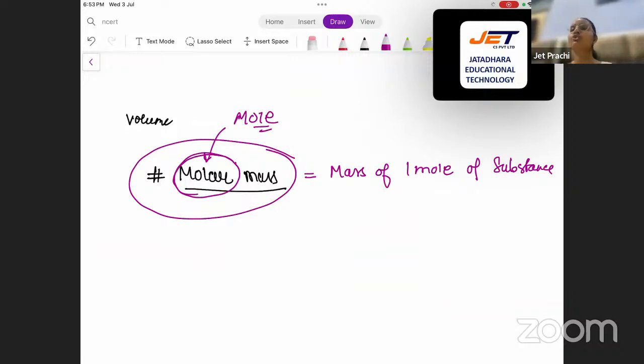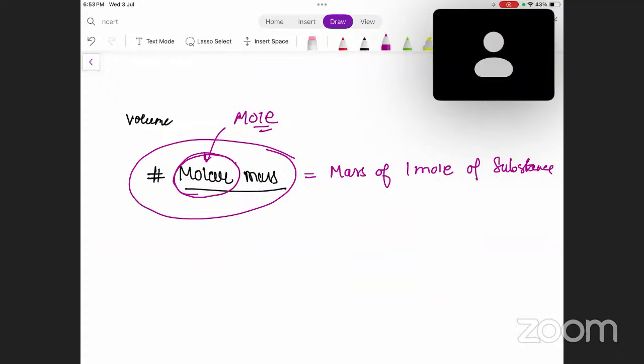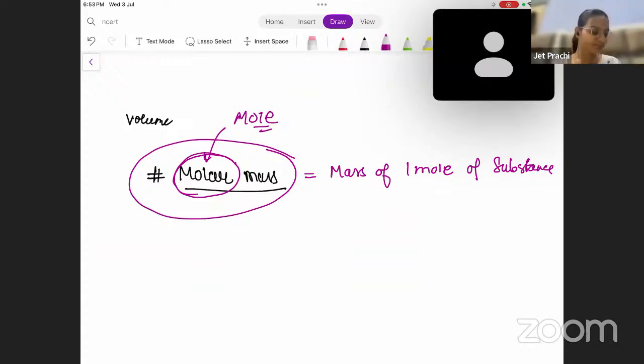Molar, mole. So molar mass is the mass of 1 mole of substance or 1 mole of particles. So here the particles can be molecules, ions, electrons, protons, whatever they are asking. They can give you anything.